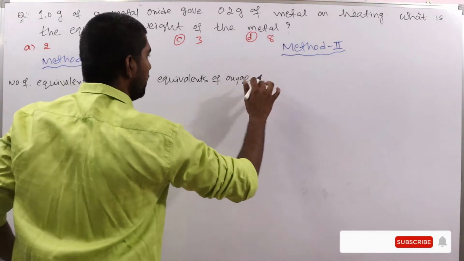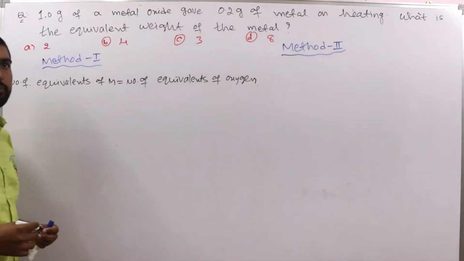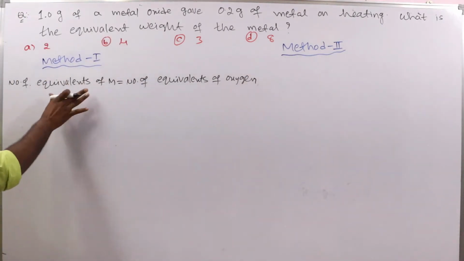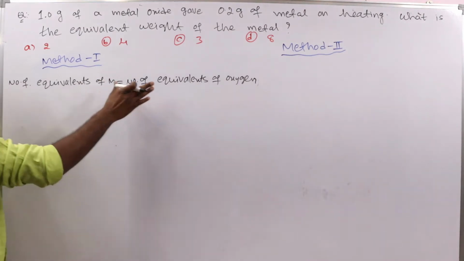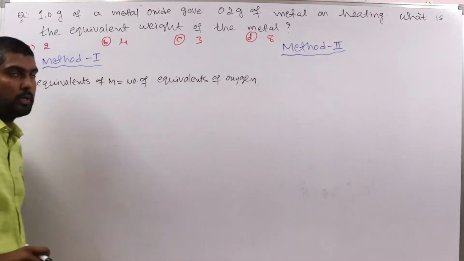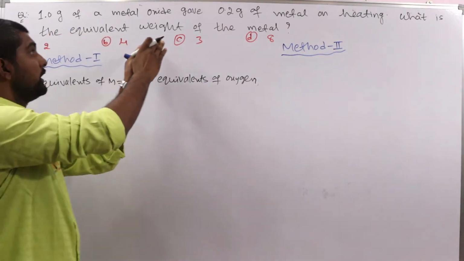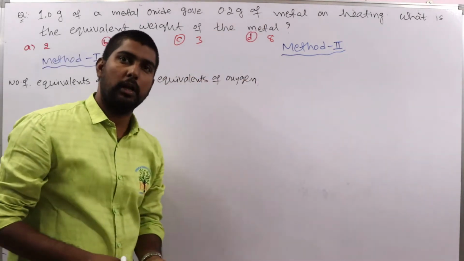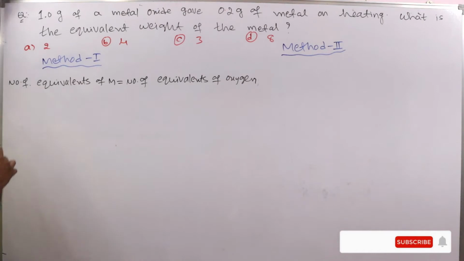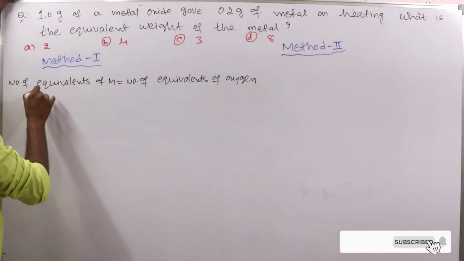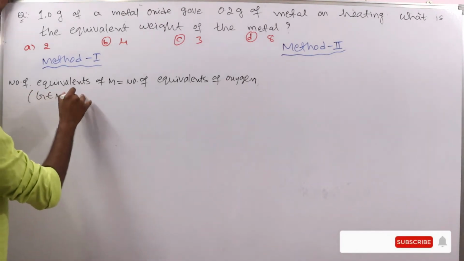This is the formula we can use here to solve this problem. Number of equivalents of metal equals number of equivalents of oxygen, because when a metal oxide is heated, we are getting the metal.